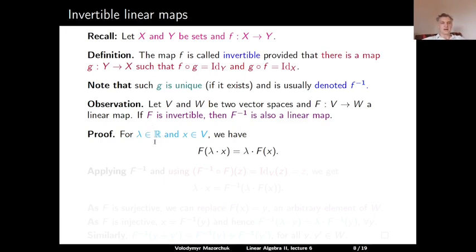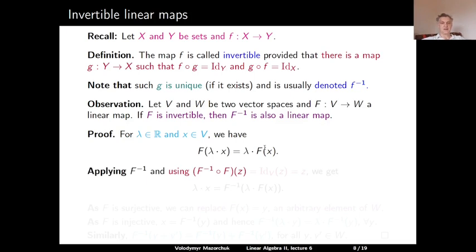For a real number lambda and an element x in V, the fact that F is linear means, in particular, that the value of F at lambda times x is equal to lambda times F of x. So this is now an equality in W, so we can apply our inverse F inverse to this equality.